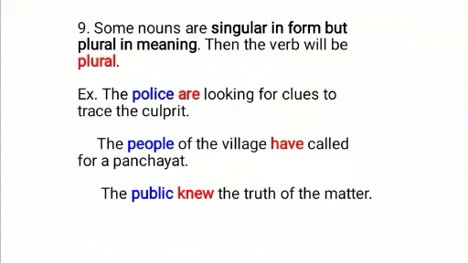The people of the village have called for a panchayat. So here people is a singular form whereas plural in meaning, so we use a plural verb "have". The public knew the truth of the matter. Here the public is the subject which has a singular form and plural meaning, so "knew" will be the plural verb.